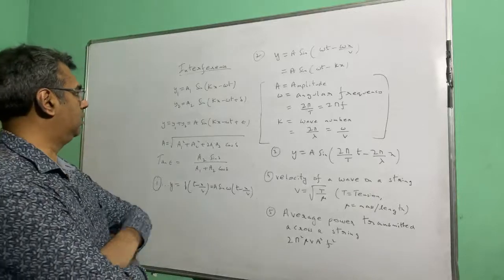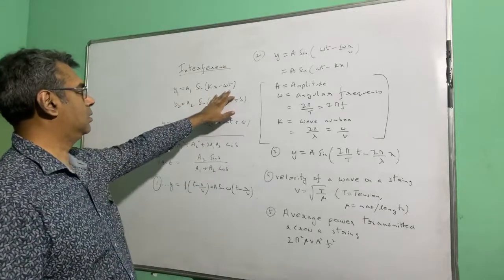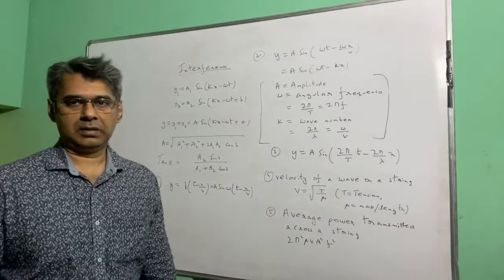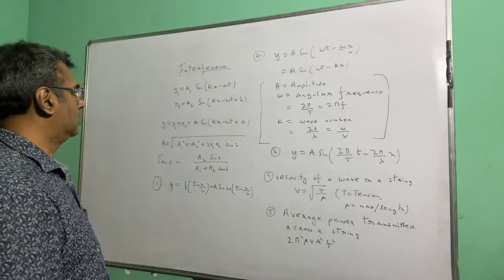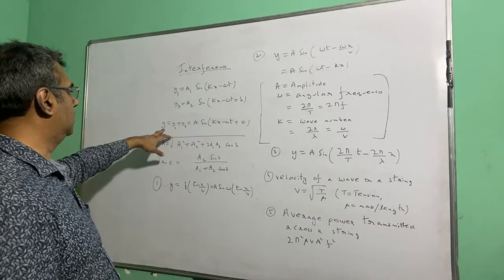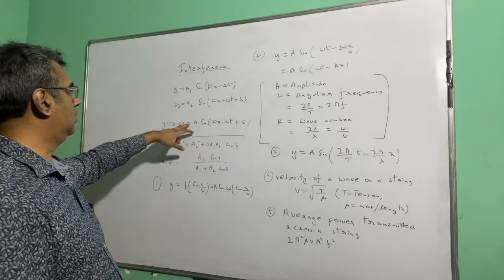Suppose the two waves are A1 sin(kx minus omega t) and A2 sin(kx minus omega t plus delta). When these two waves meet each other, they will create a resultant wave, y equal to y1 plus y2.